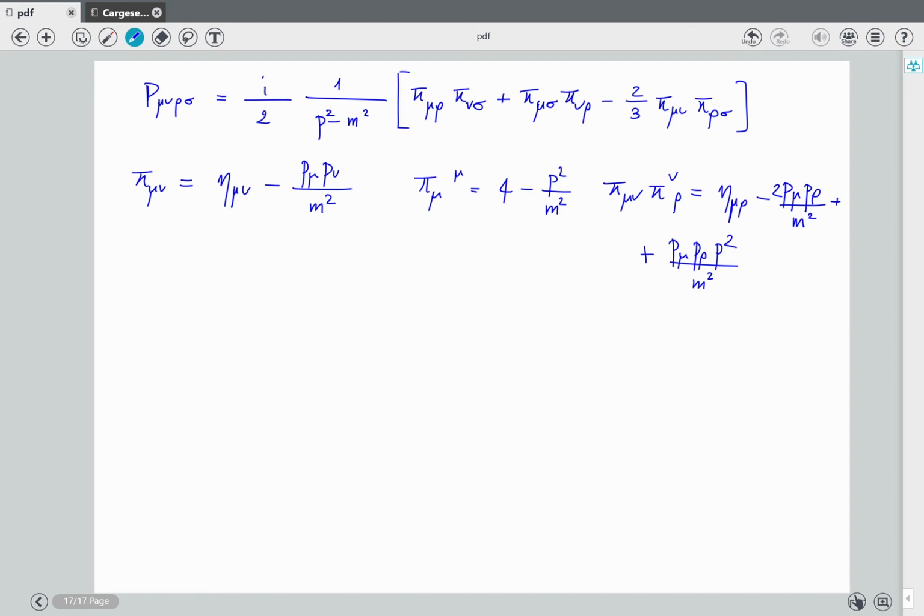Now, you can easily see that this is equal to pi mu rho plus something that vanishes on shell.